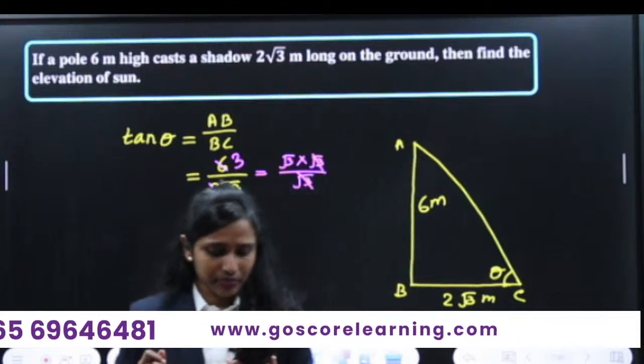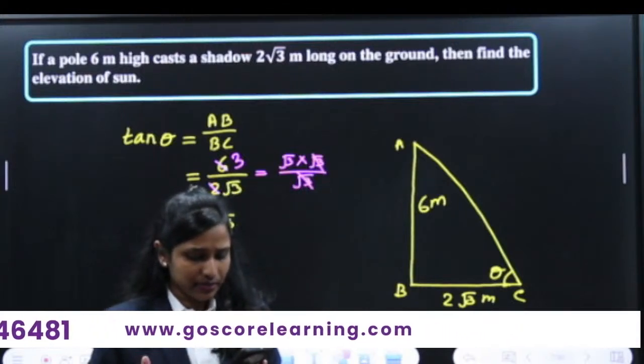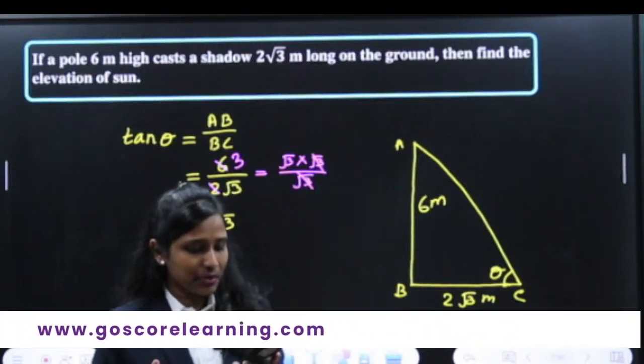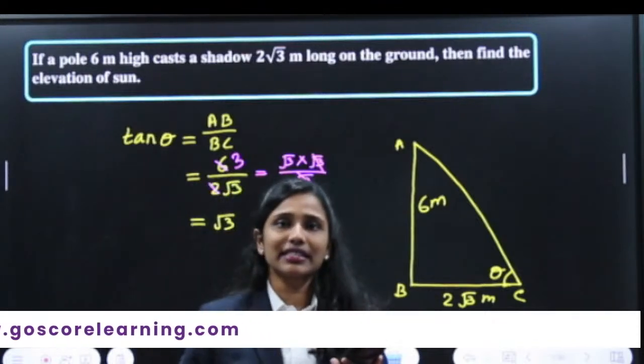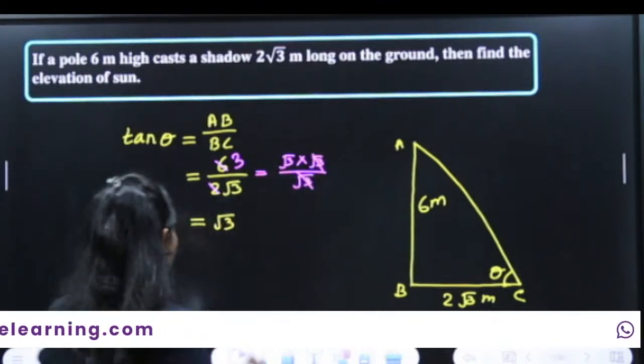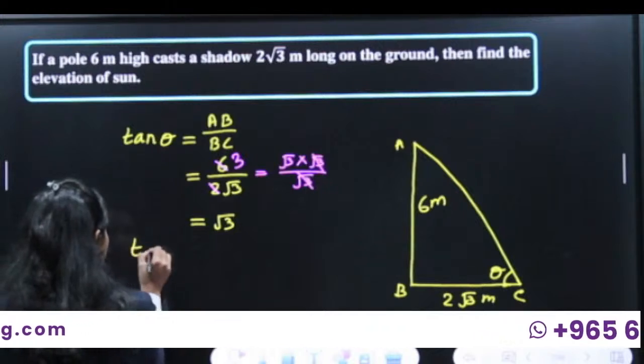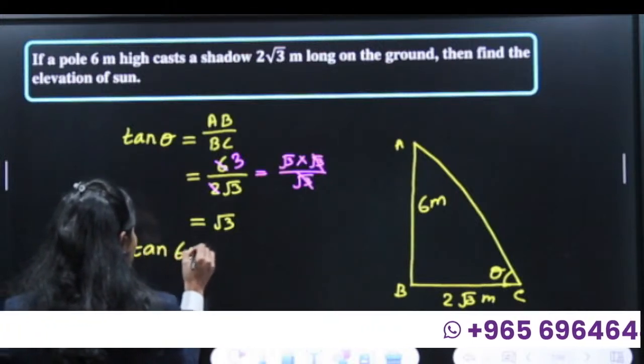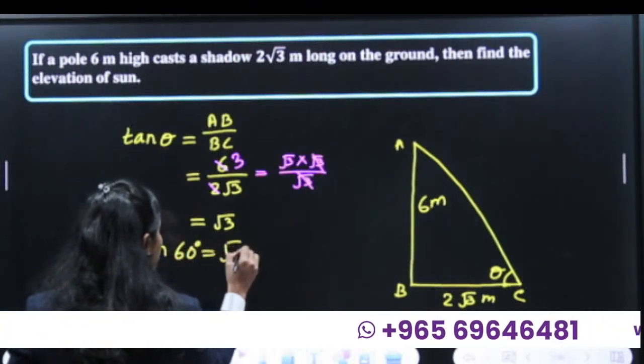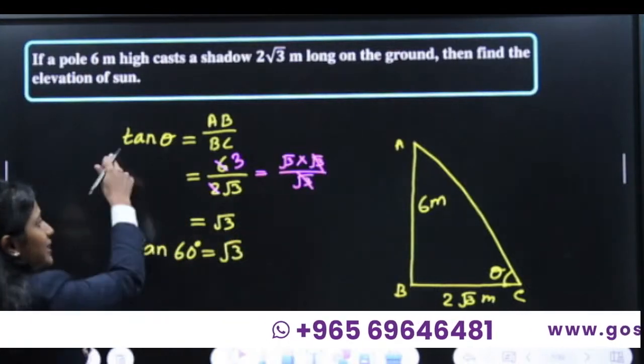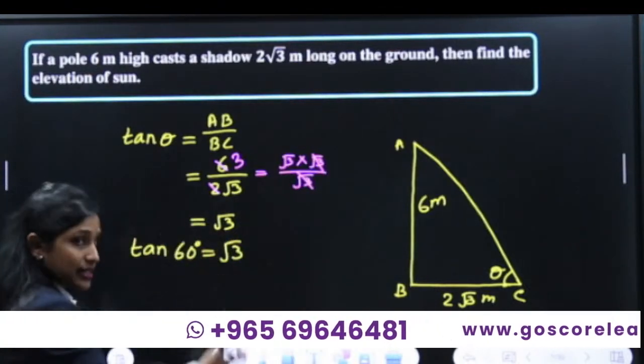Yes, correct answer. Angle of elevation is 60. Correct. We know that tan 60 is equal to root 3. That means here tan theta equals root 3 and we know tan 60 is root 3.